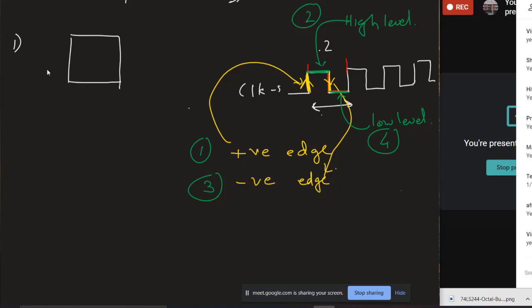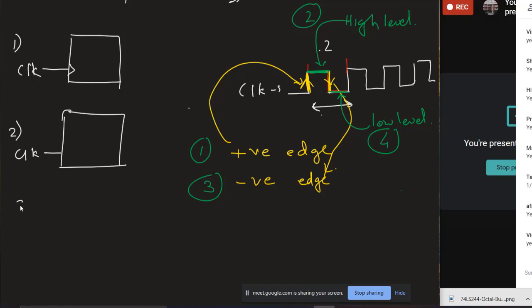What is the second one? It is high level. So in the high level, this is the circuit or block diagram, and for the clock you simply draw a line. In the third case, this is a negative edge. So in negative edge, you draw a line, then you draw a bubble with a triangle.